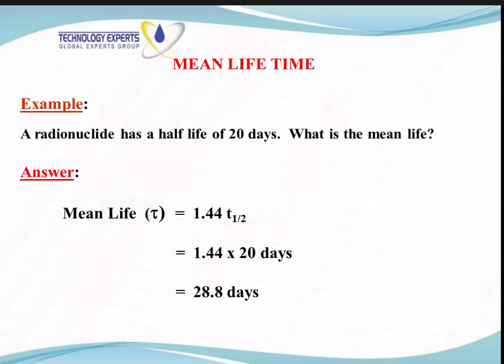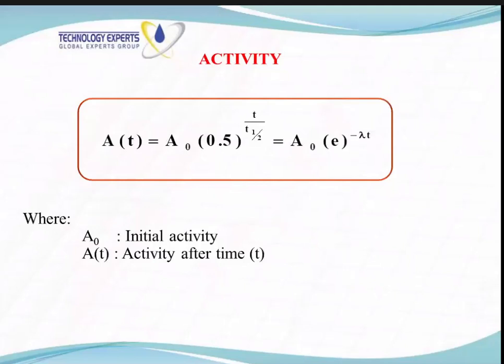So now we have the activity concept, half-life concept, decay constant concept, and the concept of the mean life. As I told you, if you need to calculate the activity after a period of time, we use this equation that we did first.